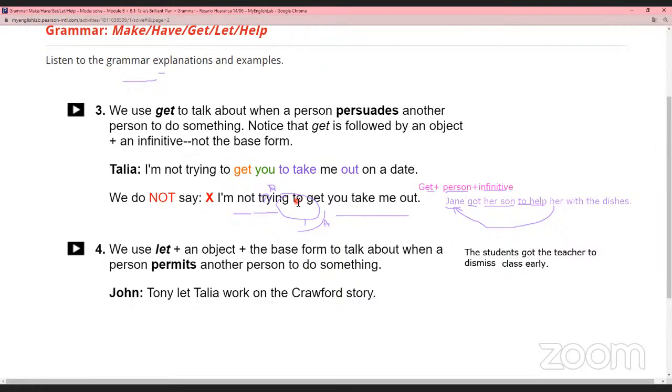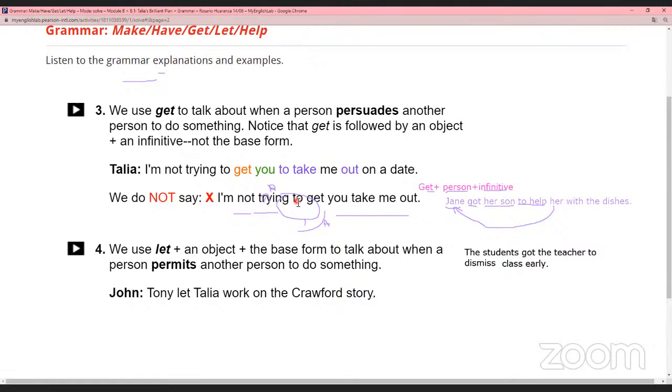There is no rule that says that for get you only have to use nouns, or for let you only have to use objects. So you can use both. You can use Jane got her son, or Jane got Michael to help her with the dishes. Or you can say the students got the teacher, or the students got her to dismiss the class early. So you can use nouns or object pronouns.